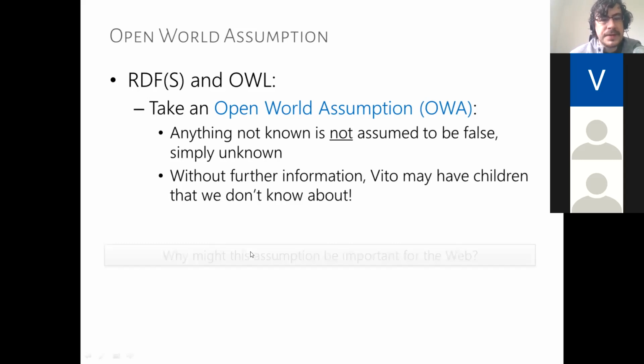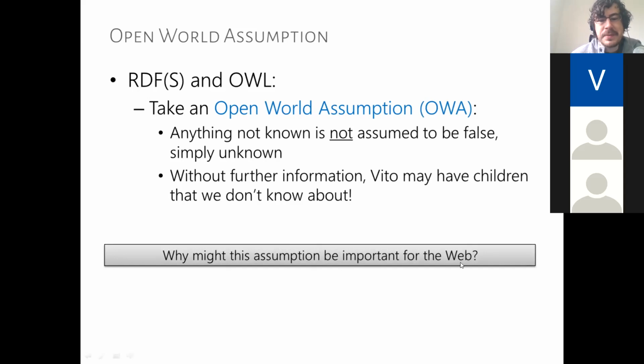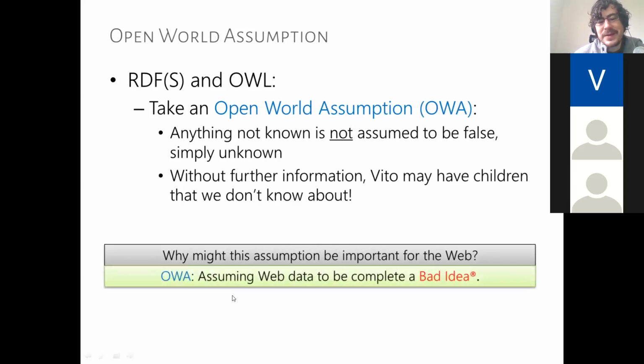Okay, so why might this assumption be important for the web? To briefly answer, it's because essentially if we try to assume that web data are complete, it seems like a bad idea, right? Maybe we could define some parts of web data to be complete. For example, we might have a really up-to-date site of Nobel Prize winners, and we could say, hey, this data set here is complete.